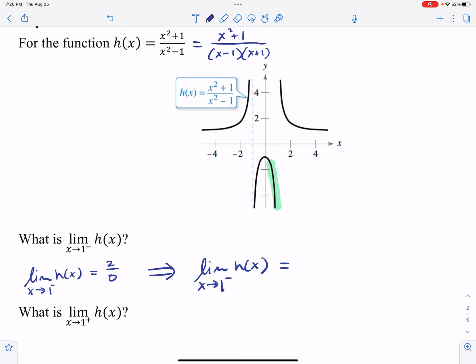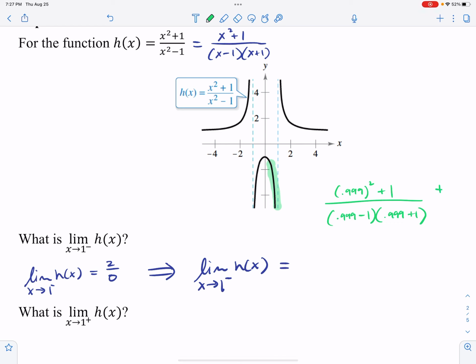So thinking about substituting that 0.999 into our function, that would be 0.999 squared plus 1 over 0.999 minus 1 times 0.999 plus 1. Well, the numerator would be positive, right?